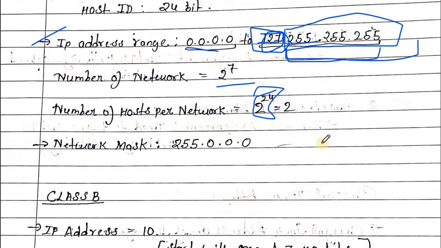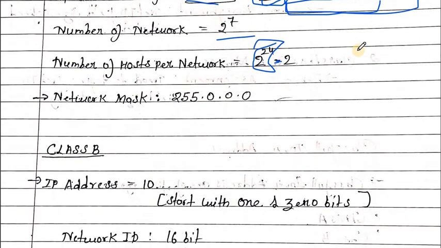So we subtract 2 out of 2 to the power 24, because the starting and last IP addresses are not IP addresses of any host.